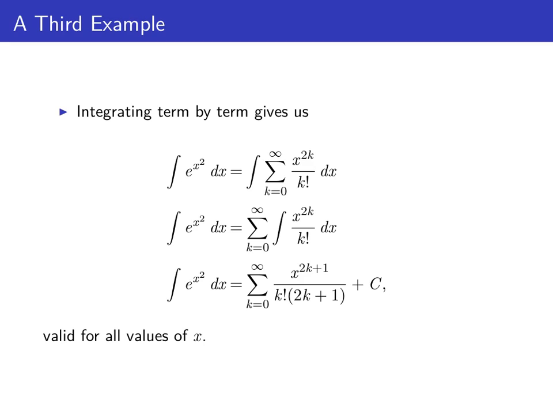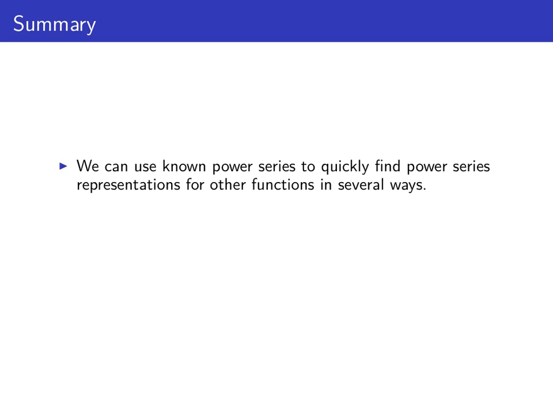So once again, we started with a power series that we knew, and by integrating this time, we came up with a power series representation of a new function. So to summarize what we've just done, we took power series representations for known functions, and we were able to use those series representations to quickly find power series representations for other functions.